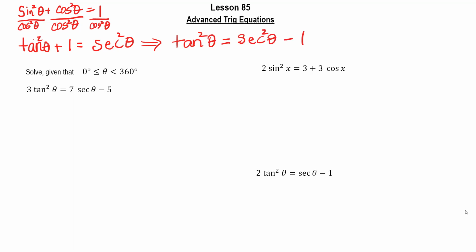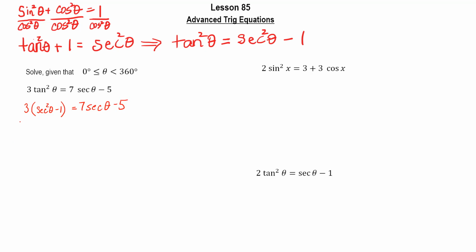Okay, so we're going to use that tangent squared theta, and we're going to plug that in for tangent squared. So 3 times tangent squared theta, which is secant squared theta minus 1, equals 7 secant theta minus 5.